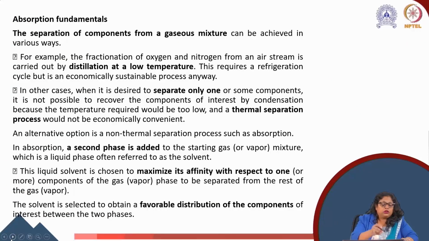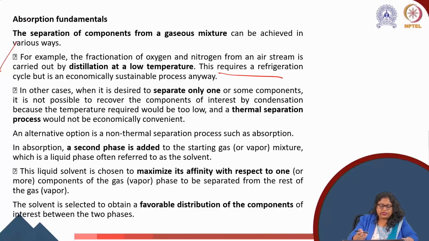The separation of a component from a gaseous mixture can be achieved in various ways. For example, the fractionation of oxygen and nitrogen from an air stream can be carried out by distillation at low temperature. This requires a refrigeration cycle, so it is not an economically sustainable process anyway.